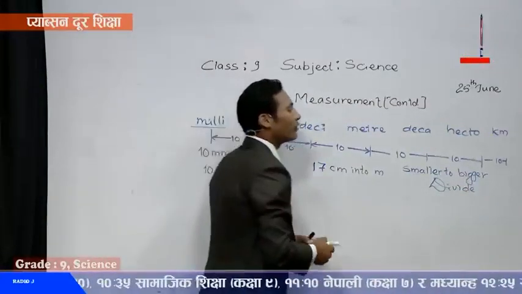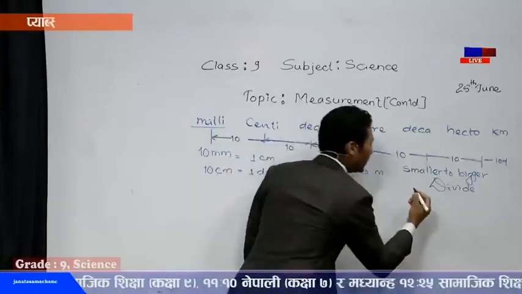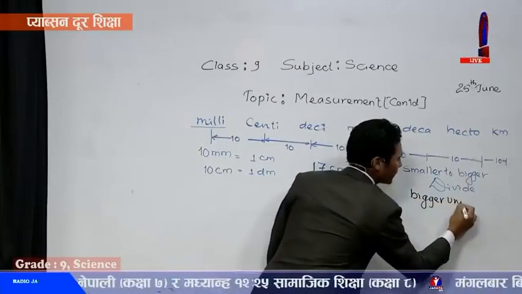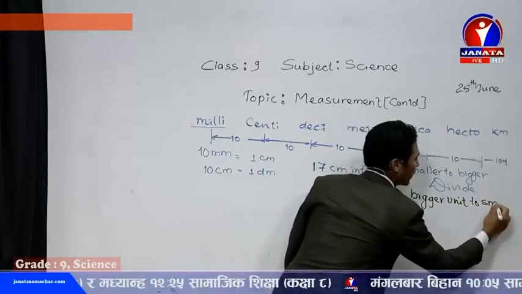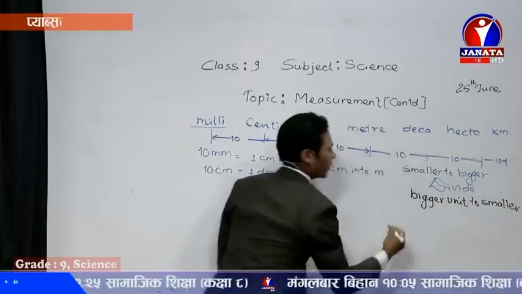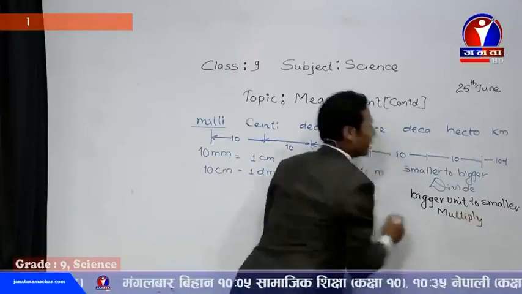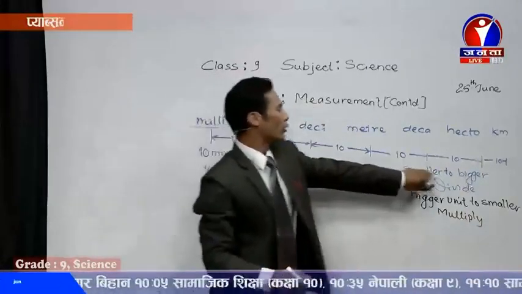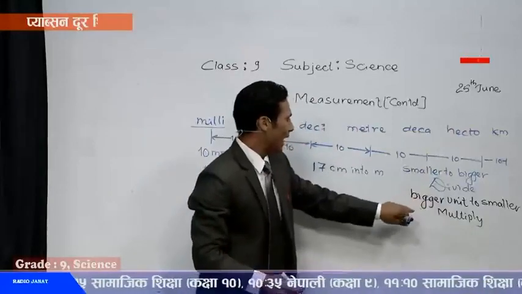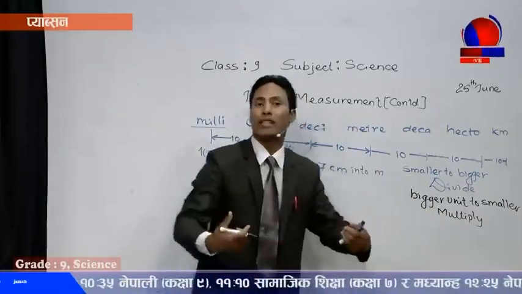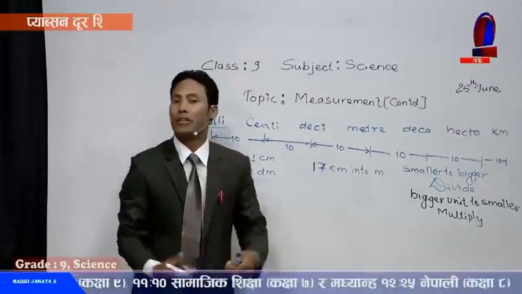And if we want to convert from a bigger unit to a smaller unit, then we need to multiply. So remember this: smaller to bigger we need to divide, and bigger to smaller we need to multiply. Now which number is there to multiply, which number is there to divide?